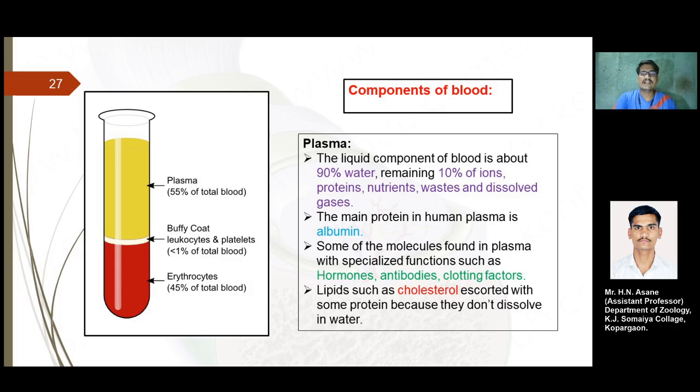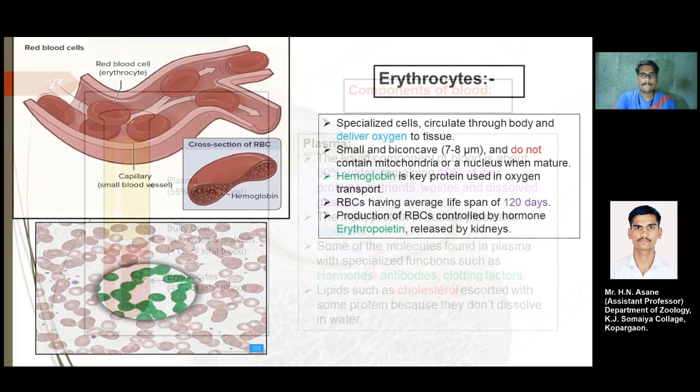That's why it can't travel directly through the blood. That's why it needs to be escorted to travel from one place to another. That is why cholesterol does not dissolve in water.